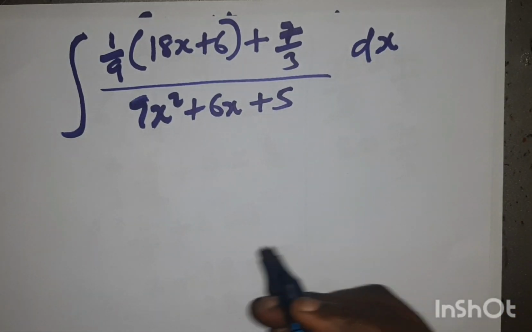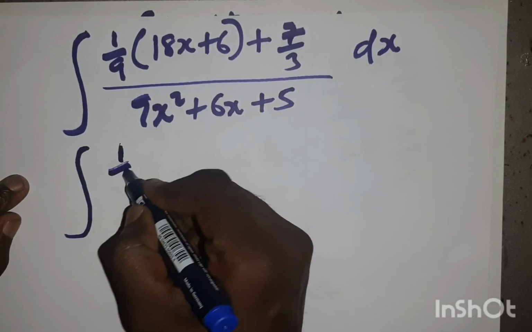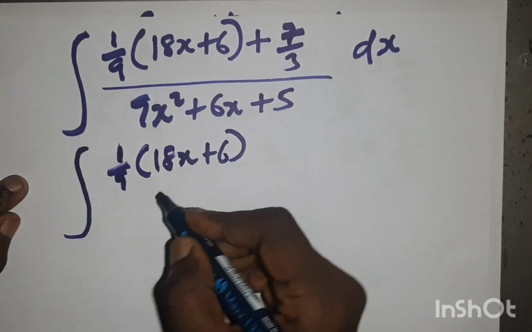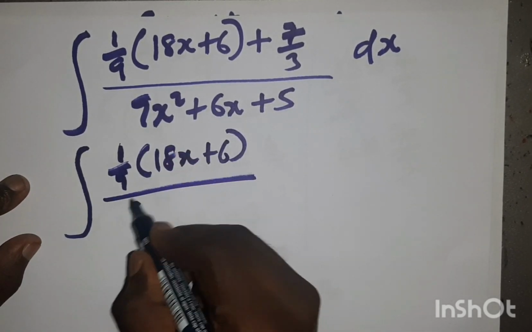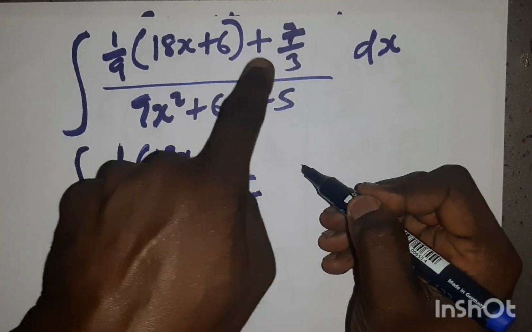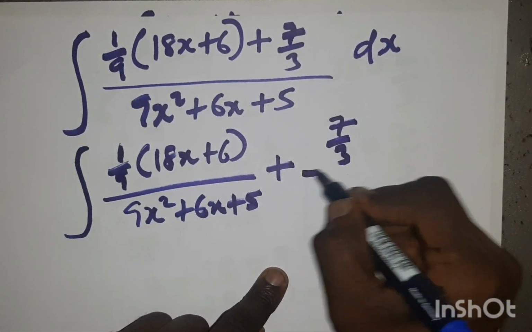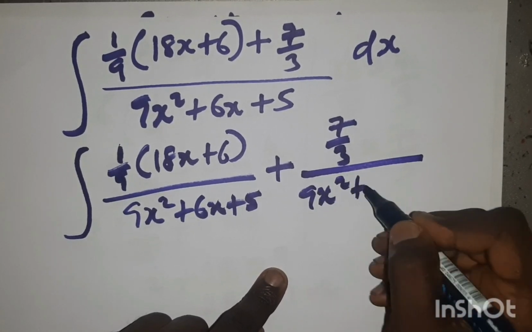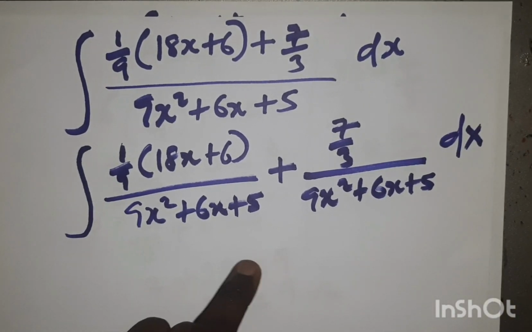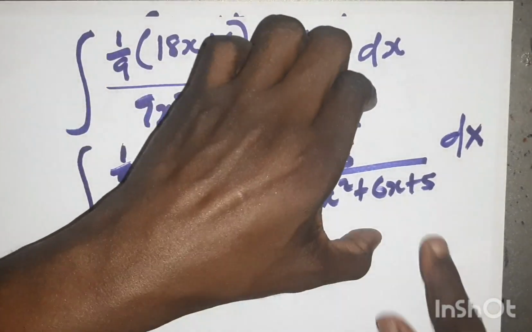Rewriting, I'll have the integral of 1 over 9 times 18x plus 6 over 9x squared plus 6x plus 5, plus 7 over 3 over 9x squared plus 6x plus 5, still with respect to x, dx. So now integrating separately, I'm starting with this one and then I'll continue with the other.